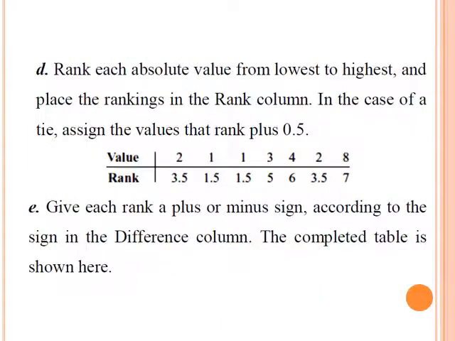Step D: we will rank the absolute values that we already have from the previous step, step C, from the lowest to the highest. So we have 2, 1, 1, 3, 4, 2, and 8.